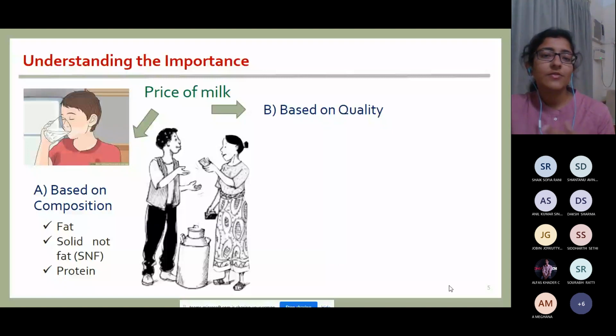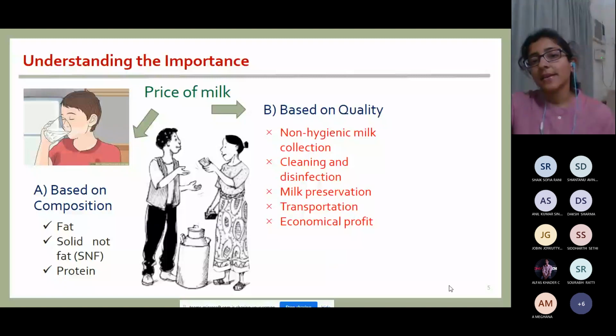But why don't we go for loose milk? Because there are different adulterants they may mix in, and the quality can also be degraded by different parameters like non-hygienic milk collection, cleaning and disinfection, and milk preservation. Different adulterants like water, urea, detergent, sodium hydroxide.